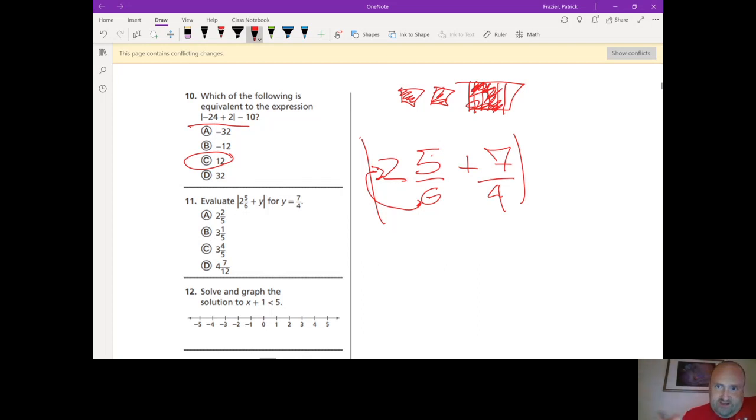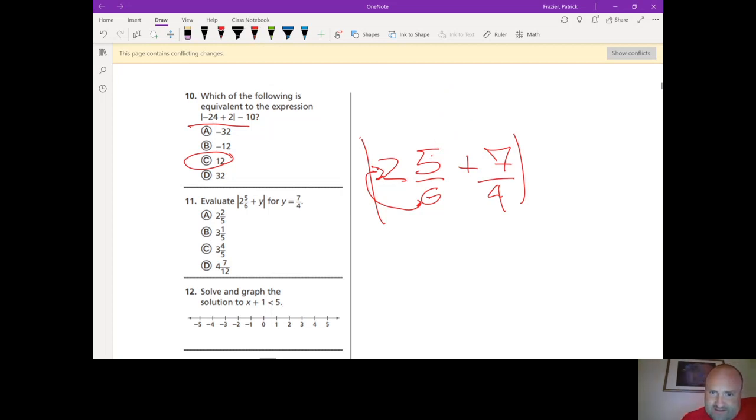That's 2 and 5/6, which is the same thing as 17/6, because 6 times 2 is 12, and 12 plus 5 is 17.